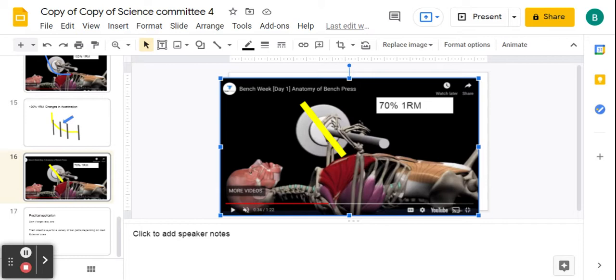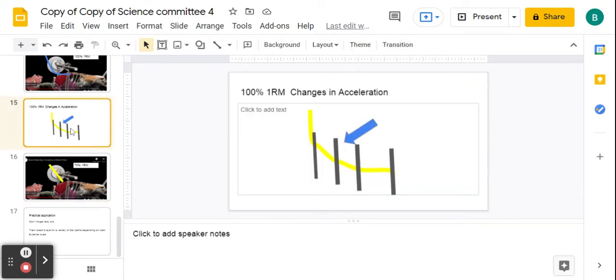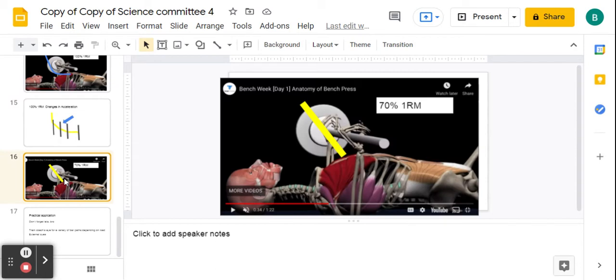So, what would a bar path like this at the 70% one rep max look like? Like the yellow line here. So, much different than the one rep max speculative bar path. It's going to have much more of a vertical trajectory or vertical displacement.